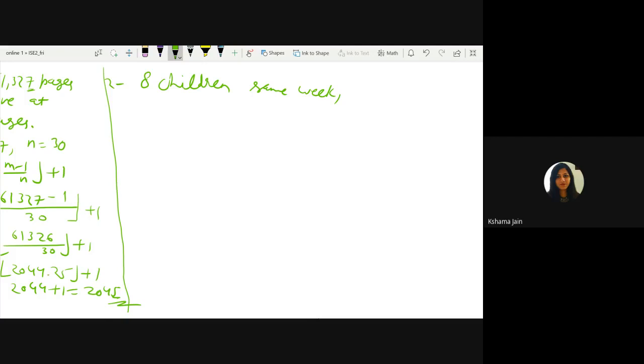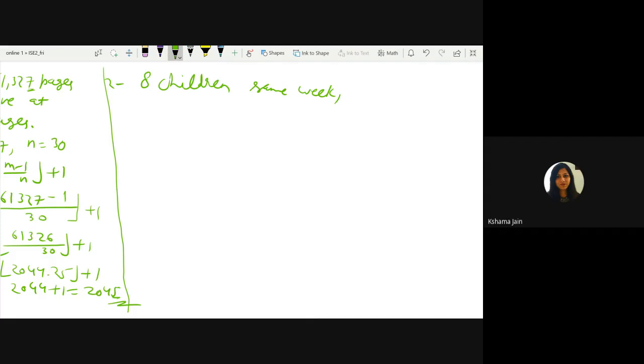See, practically, in a week we know how many days are there? 7, right? So even if we assume that one child is born on Sunday, Monday, Tuesday, Wednesday, like this, 7 children can occupy 7 days. Although it's not possible to fix that every kid is born on a different day.